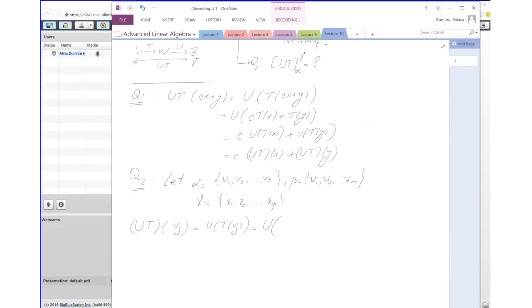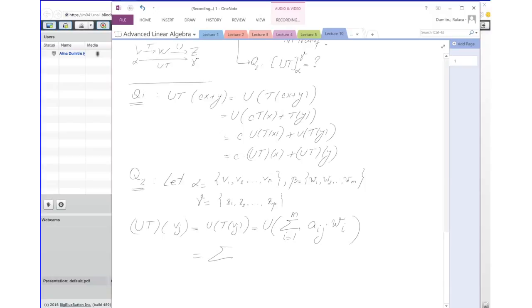Because T of Vj has a certain expression in terms of the entries of the matrix A, it is going to be the sum of Aij times the basis of W, which is beta. So the sum of Aij Wi. Okay. But this is U of a linear combination. U is linear, so it distributes.